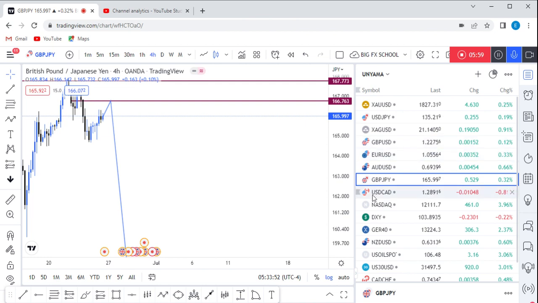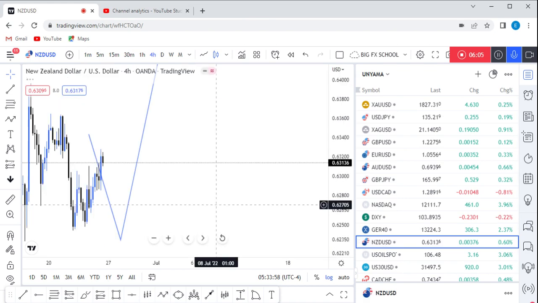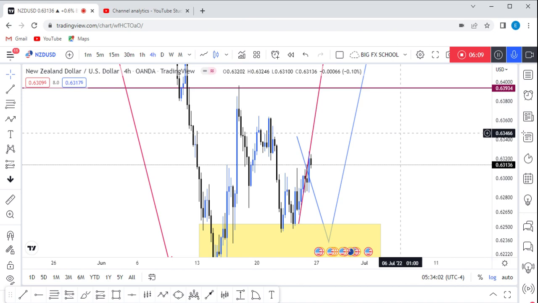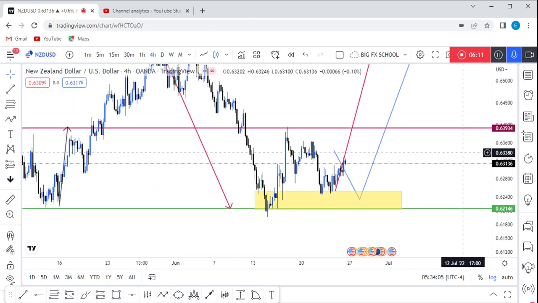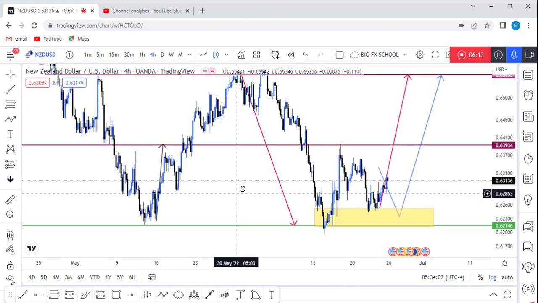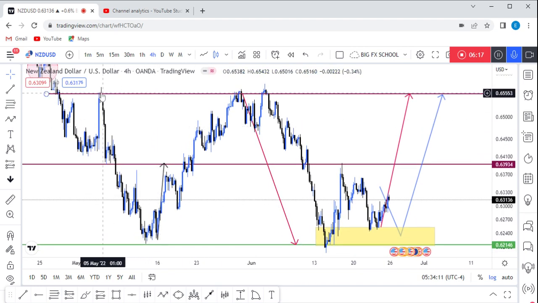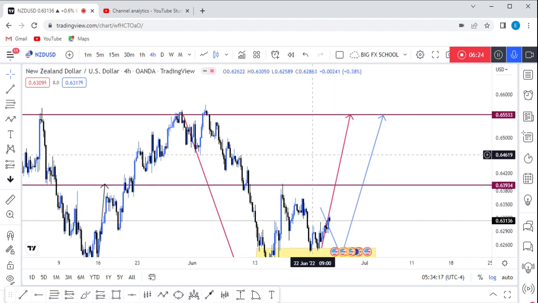Again, let us see NZD, the New Zealand dollar, and the USD. As you can see, we are in this channel now. The market touched here, touched here again, touched here. So we are on our way to the upside.